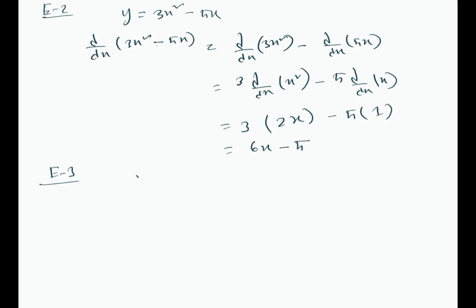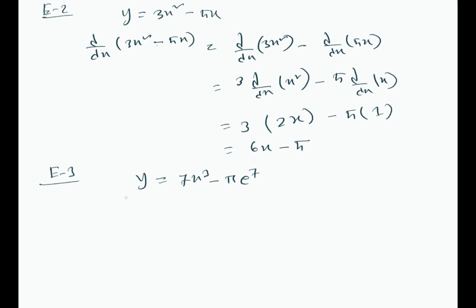Example 3, and for this we have a function y is equal to 7x to the power 3 minus pi e to the power 7. I already told you that here e is a constant, and e to the power of a number is again a constant, and when we multiply it with pi, which is a number, again we get a constant. So finally it would be a constant number, and the derivative of a constant number would be 0.